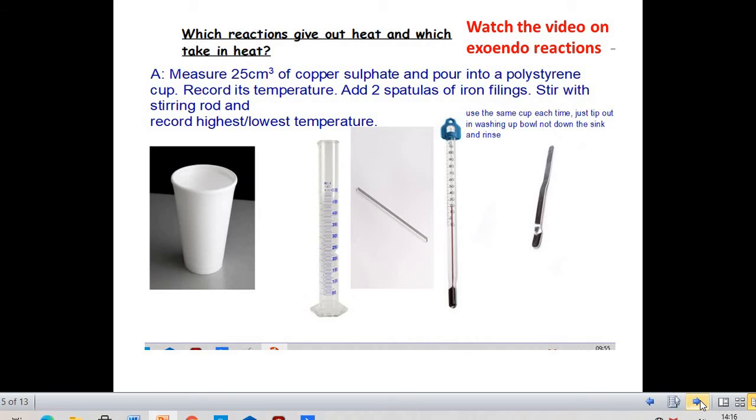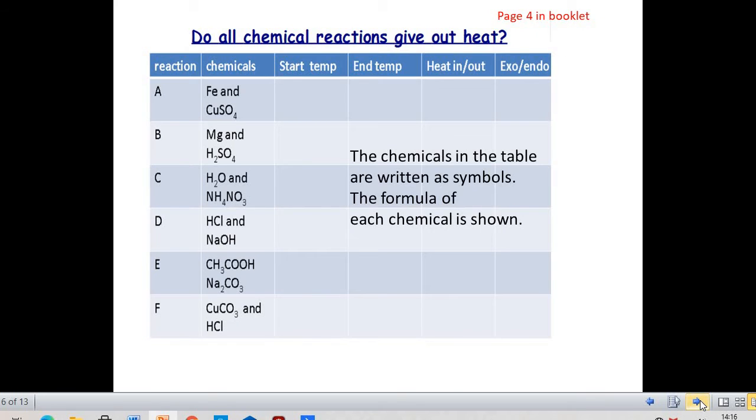Then I want you to watch the video that's on Moodle in this lesson on exo-endo reactions, and it will show you several reactions, A, B, C, D, etc. And you've got a table like this. The first reaction is between iron and copper sulfate. The second one is between magnesium and sulfuric acid.